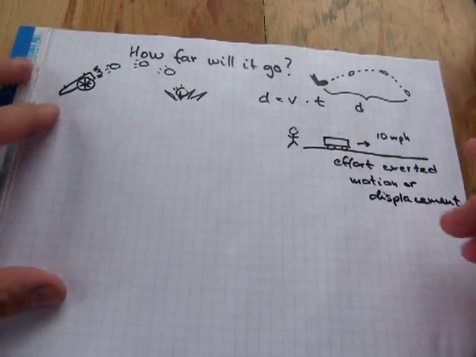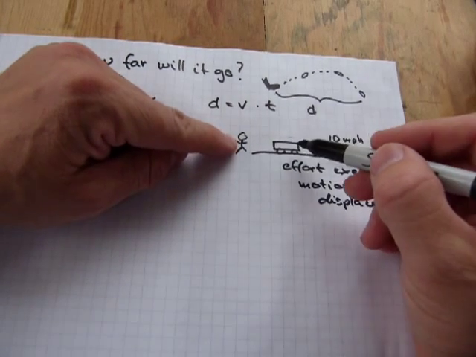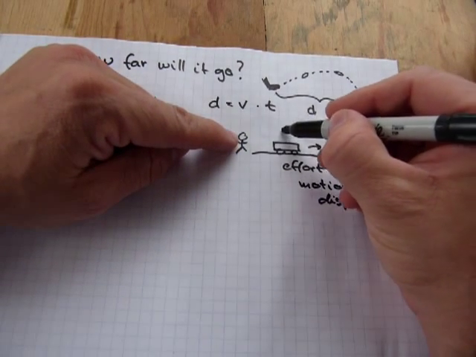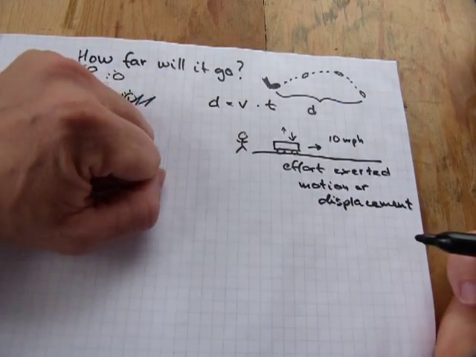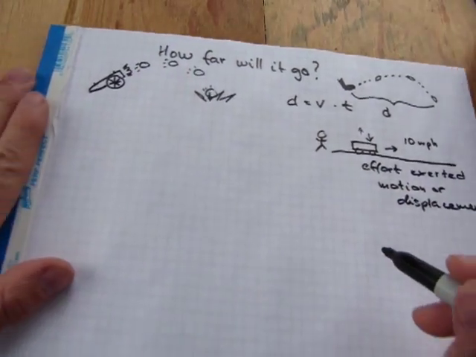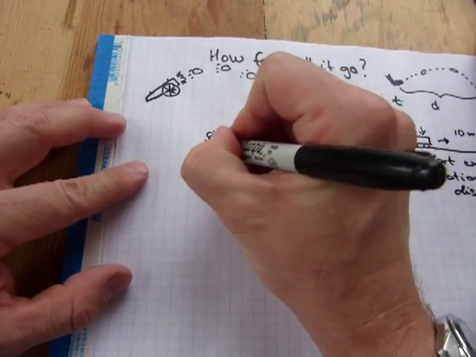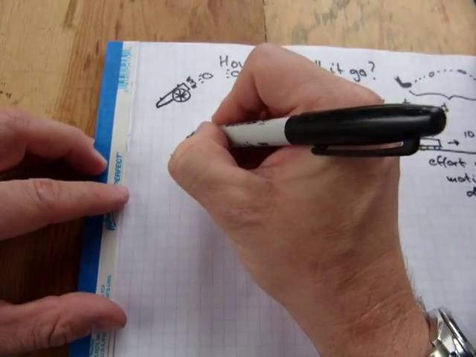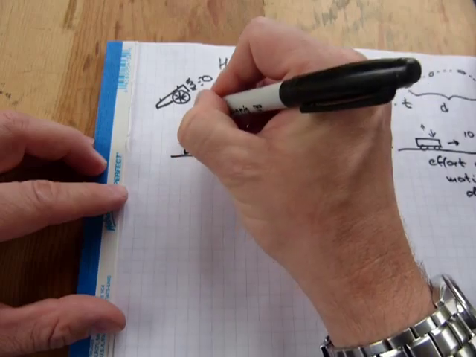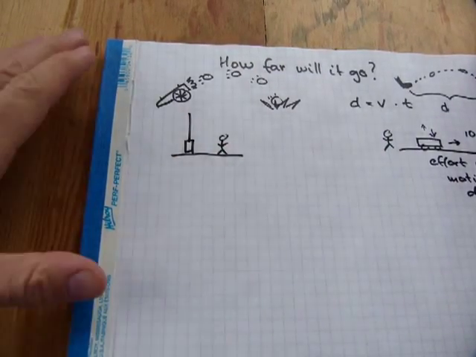Now, from the observer's point of view, the car hasn't gone up, hasn't gone down, it only got further away. Straightforward business. Here is the same observer there, and we've got an elevator cabin that's being pulled up by a cable, or a bucket of mortar.